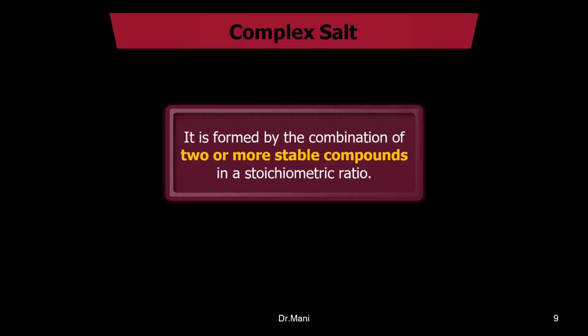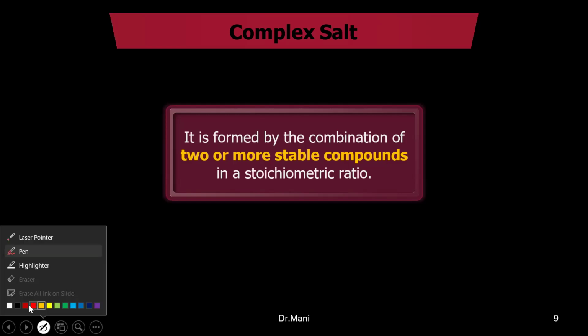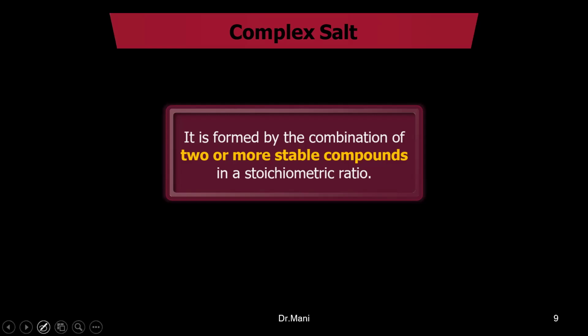But the agenda today in coordination compounds is studying these complex salts. What is a complex salt? It is formed by the combination of two or more stable compounds, and this also happens in a stoichiometric ratio. But how do you differentiate this from a double salt? Here it could be two or more than two, whereas in the double salt it is only two, not more.